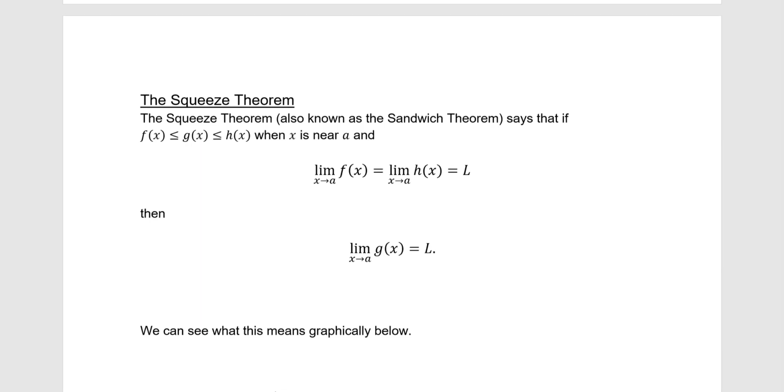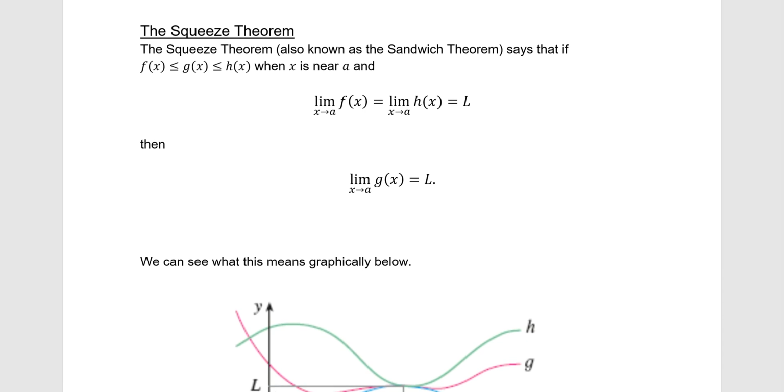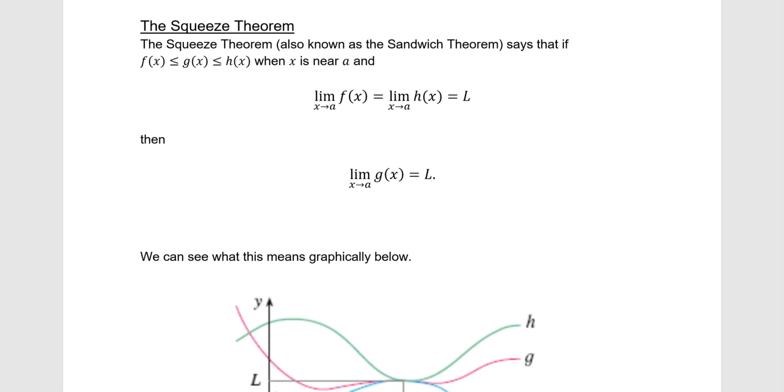Okay, so that brings us to the last thing in this section, a pretty important theorem here, and that is the squeeze theorem. This is also called the sandwich theorem in case you ever hear it. So let's say we have 3 functions, and our function is g of x, and g of x is squeezed or sandwiched between 2 other functions.